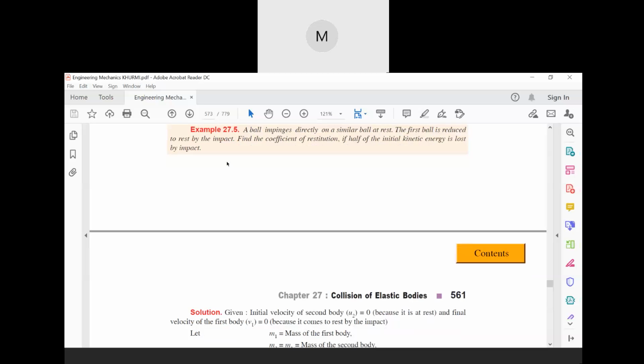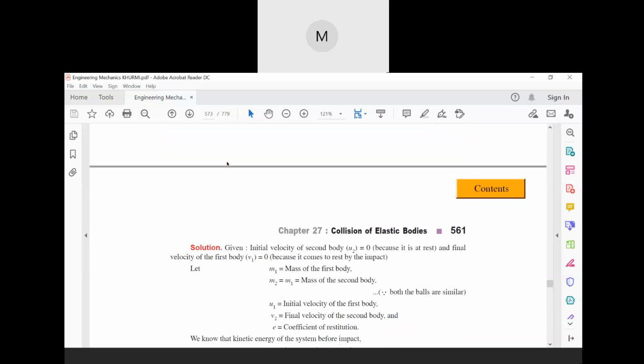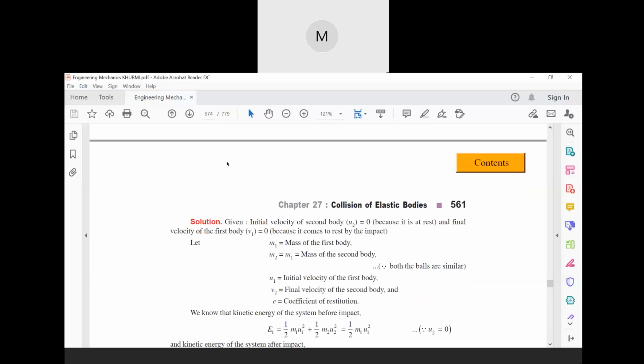After that, you have to assume: let m1 be the mass of the first body, m2 the mass of the second body. Since both balls are similar, m2 equals m1. Now u1 is the initial velocity of the first body and v2 is the final velocity of the second body. Then e is the coefficient of restitution.